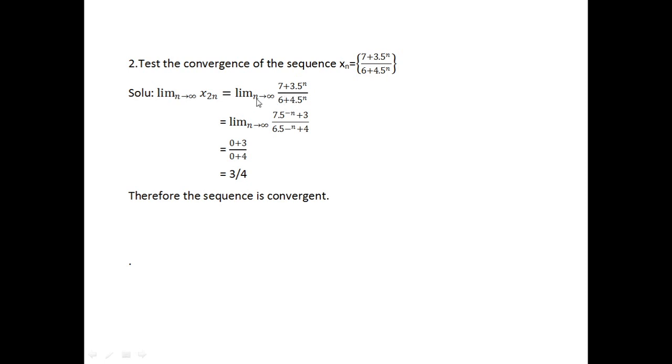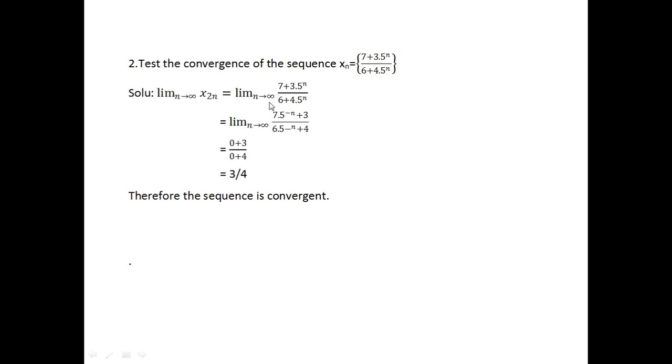Now at this stage, don't give the limit value directly, because here 5 is greater than 1, and therefore that to the power of infinity is infinity. It is the infinity by infinity form. We can remove this indeterminate form like this. 5 to the power of n is the common term in both the numerator and the denominator. Taking 5 to the power of n outside, we get 7 into 1 by 5 to the power of n plus 3, divided by 6 into 1 by 5 to the power of n plus 4.